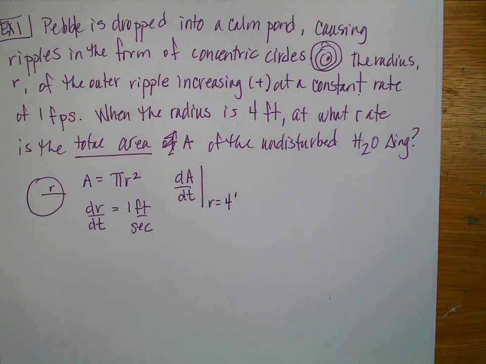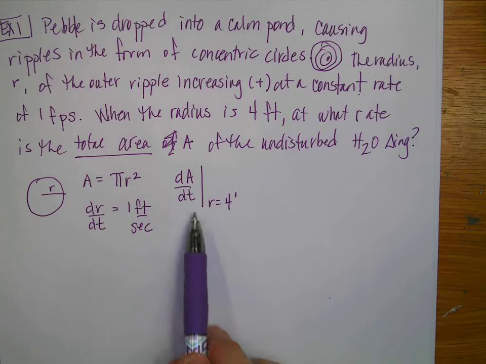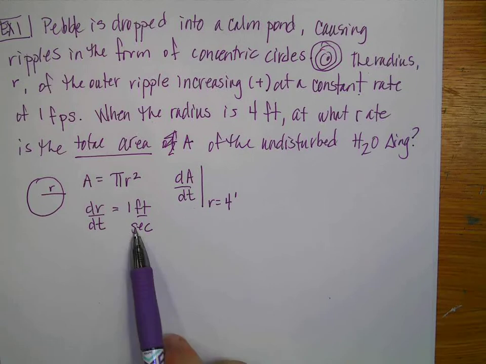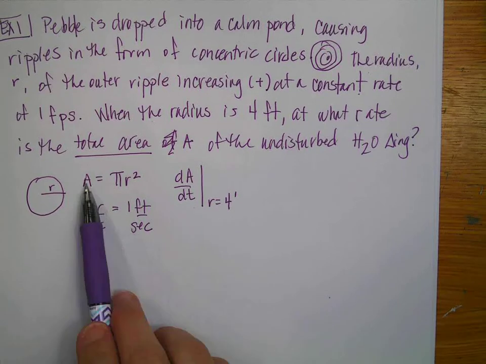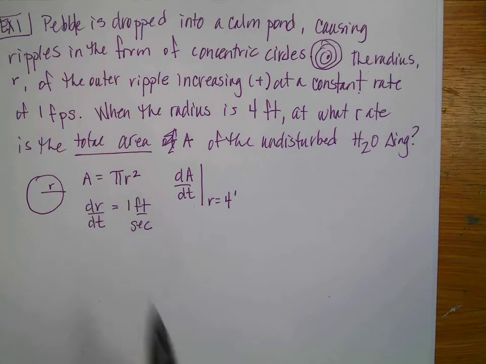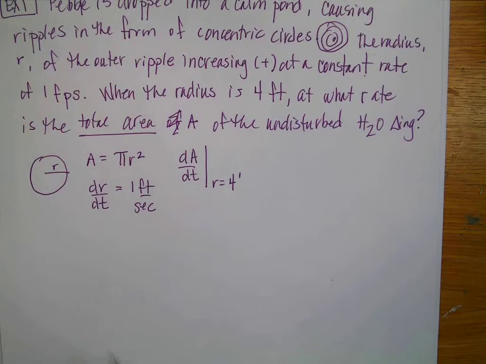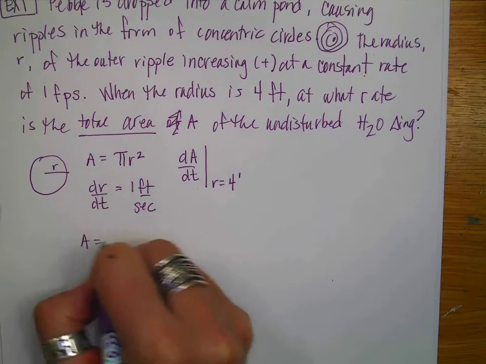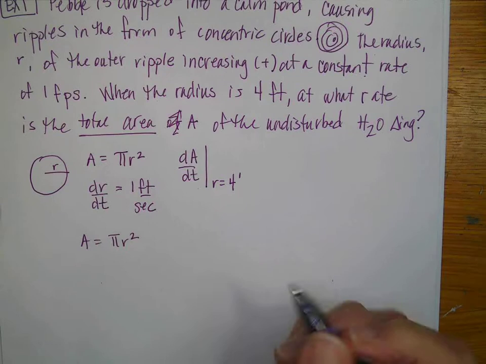It is really, really important that you take the time to do this, because this is going to help you know what you're looking for and what I can substitute in. The good thing on this one is when I take the derivative, I only have two variables, so I don't have to have a secondary equation. So I'm going to rewrite this right here.